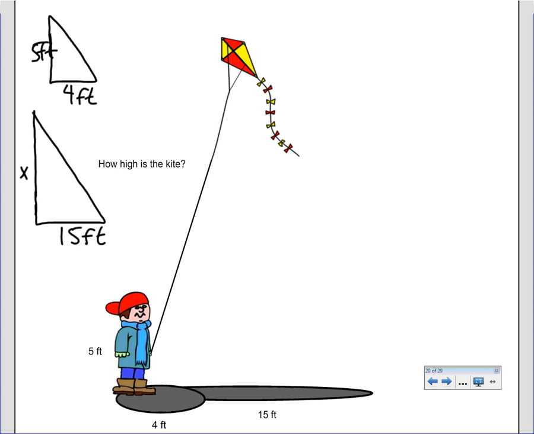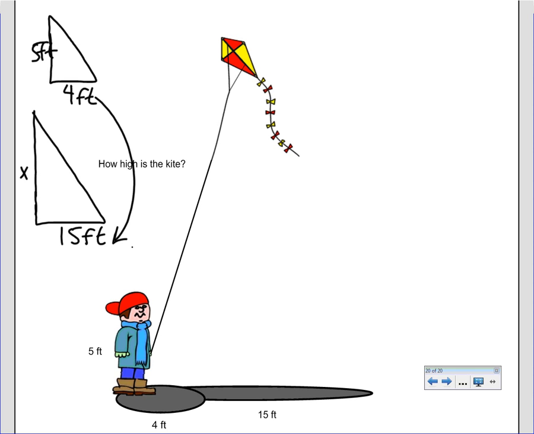Same situation as what we just did. We could do ratio, we could do scale factor. Okay. Right away, I don't necessarily recognize a scale factor from 4 to 15, but I can find it really quick. So how do I get from 4 to 15?